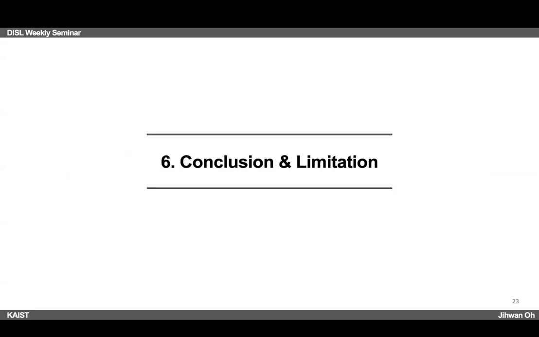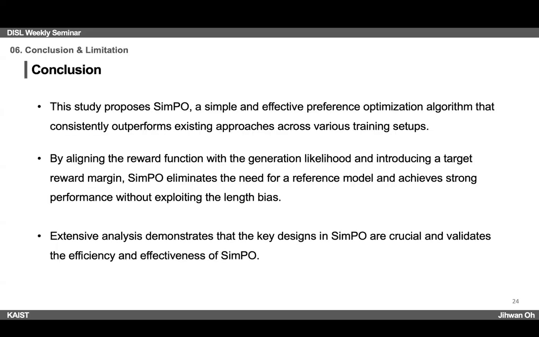And now, let's see the conclusion and limitations. So first, conclusion. This study proposed SimPO, a simple and effective preference optimization algorithm that consistently outperforms existing approaches across various training setups.